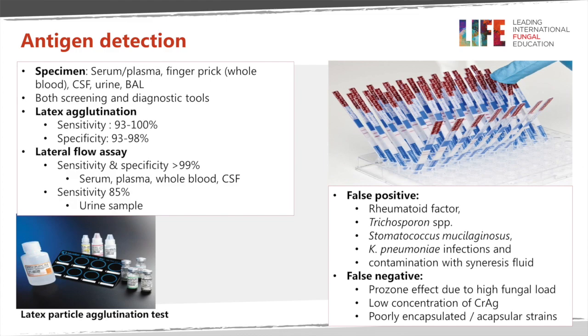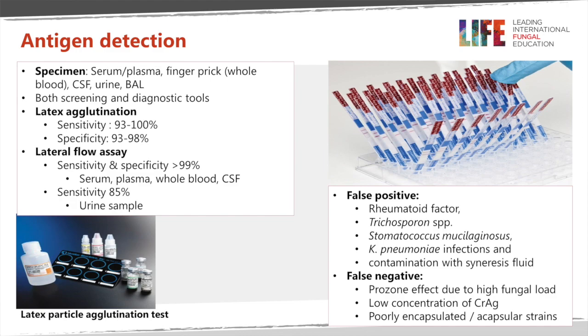So, unfortunately, like all diagnostic tests for fungal disease, there are false positives. And in the case of cryptococcal disease, rheumatoid factor seems to interfere. The presence of other yeasts, similar but not exactly Cryptococcus, for example Trichosporon, it's known that cell wall material from that organism can contribute to a positive antigen test. And we have various bacteria that also may contribute to false positive results.